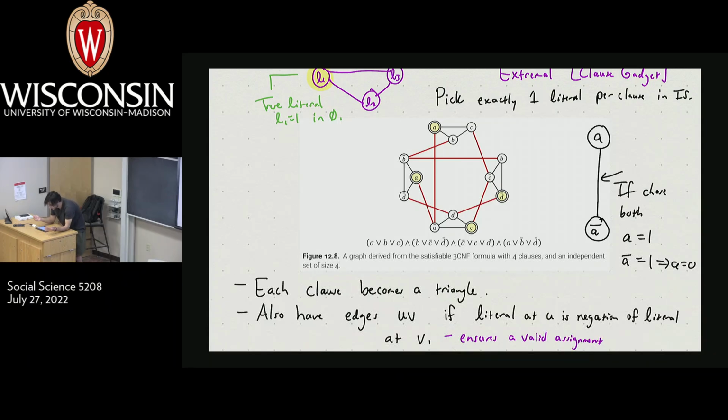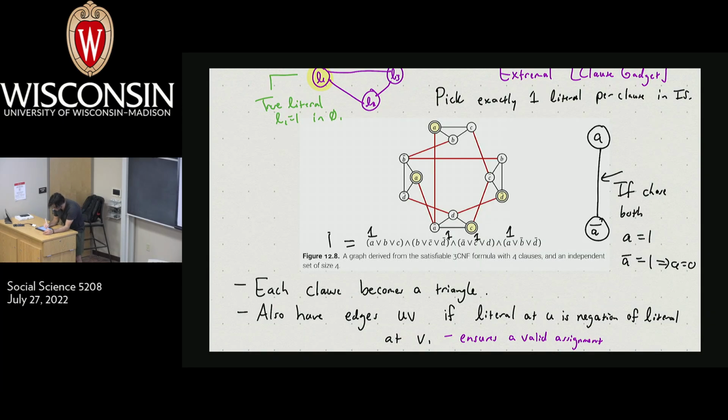And so if we made them all true, we make A true, so now the first clause is true. We make D bar true, not D is true, so that literal is true and that clause is true. C is true, so this one's true. And then A, again, is still true.